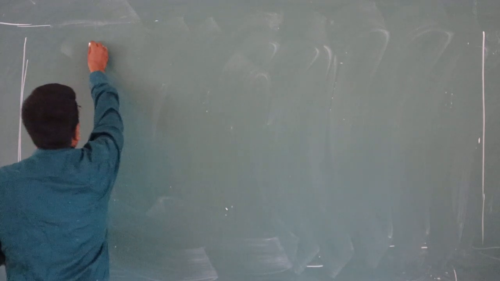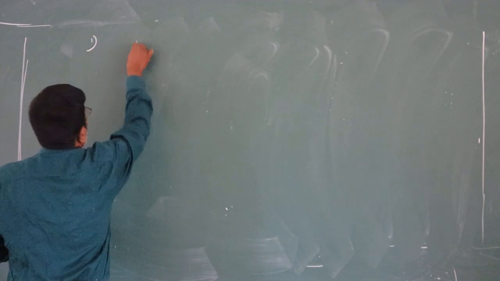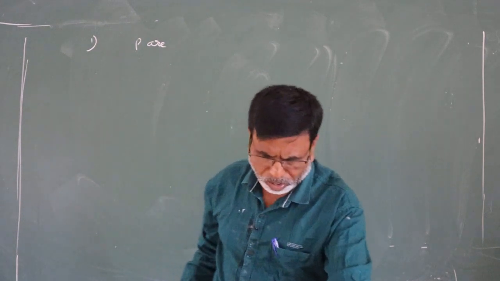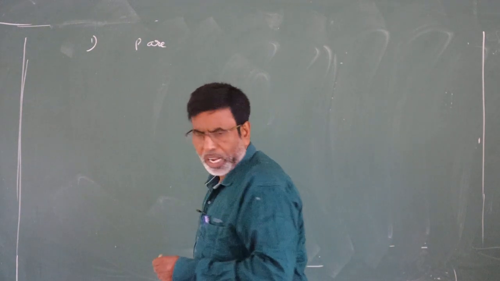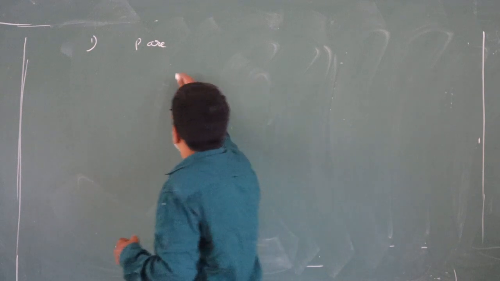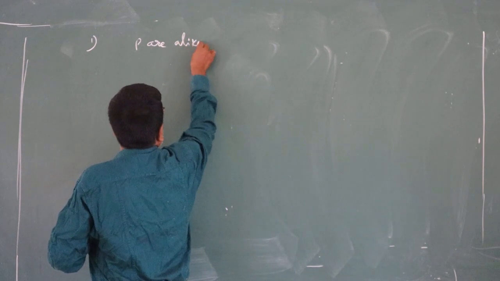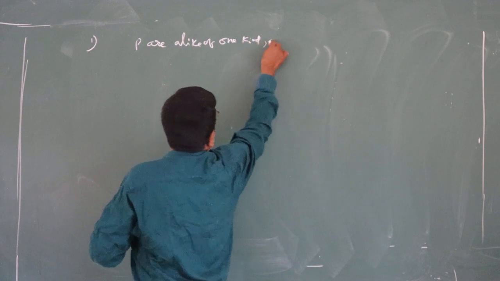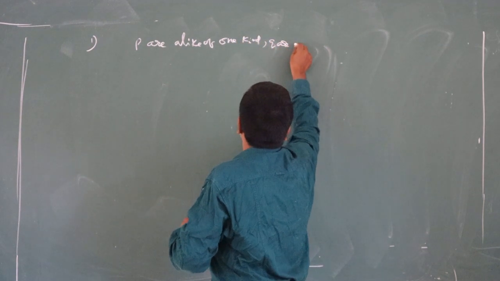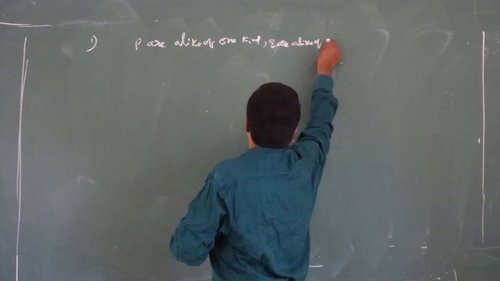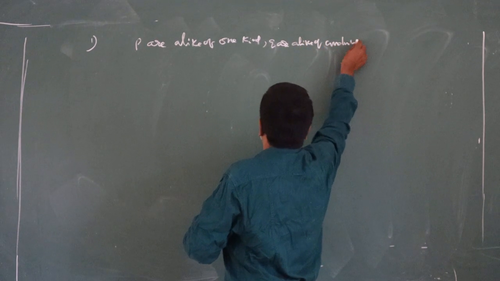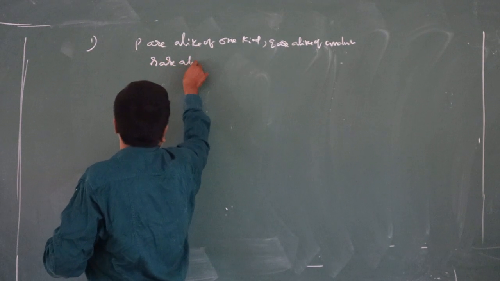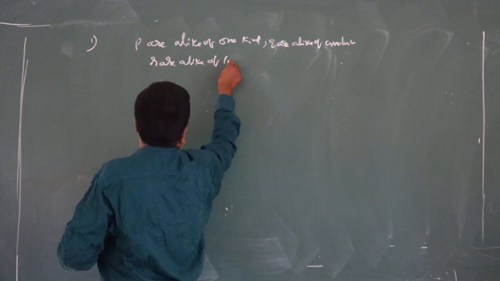Listen, the first one is: P alike of one kind, Q alike of another kind, R alike of third kind.